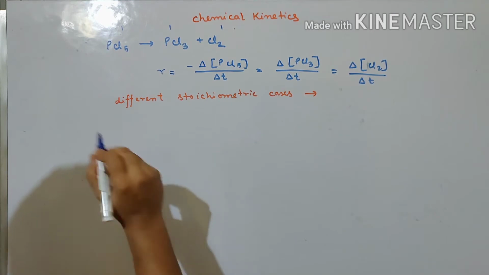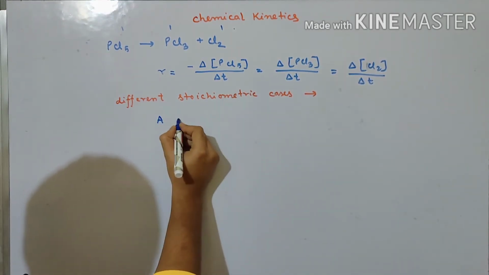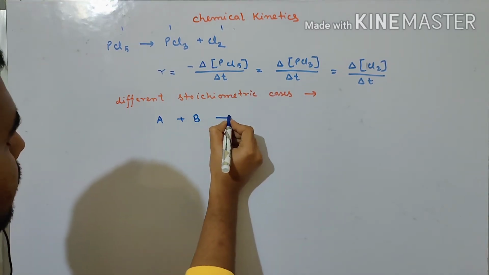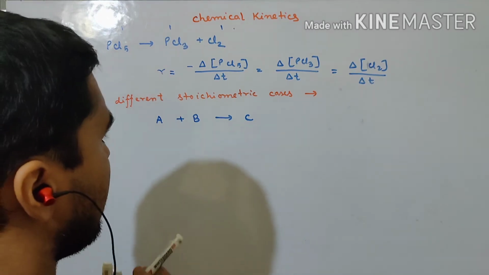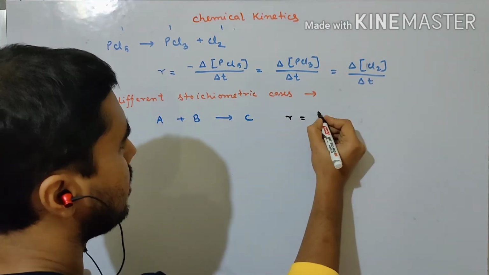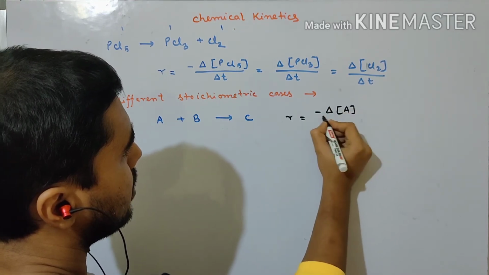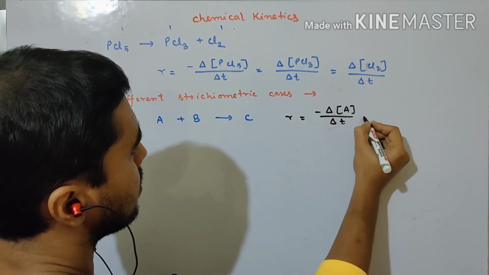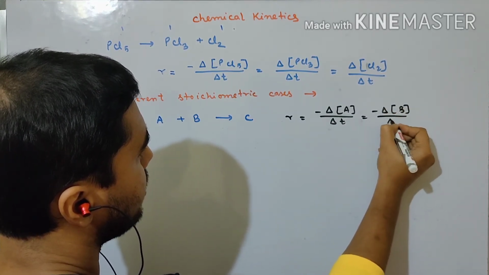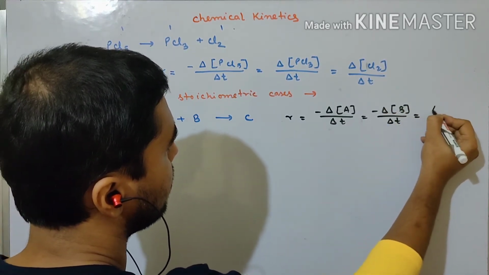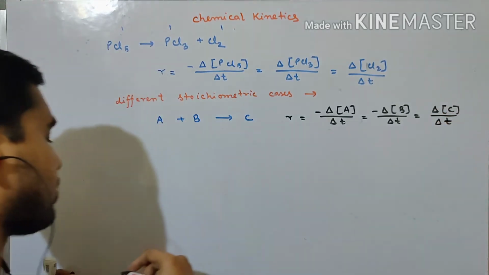Suppose we take the reaction A plus B giving rise to C. Obviously, if we need to write down the rate, it should be minus delta of A divided by delta T, is equal to minus delta of B divided by delta T, is equal to delta of C divided by delta T.